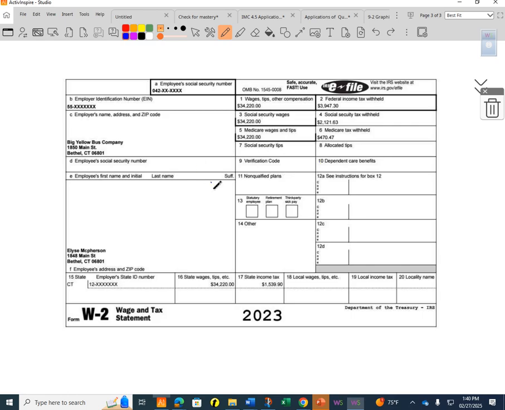Okay, so this is Elise's W-2 form. This looks very similar to a W-2 form that I used last year. They have numbered boxes, and it's almost always the same thing. Box 1 here is your wages, tips, and other compensation. These are your earned income.